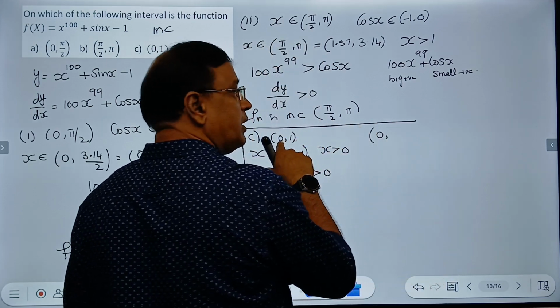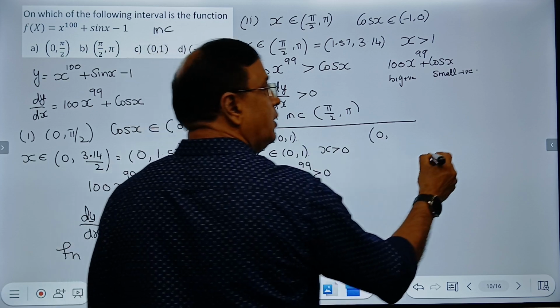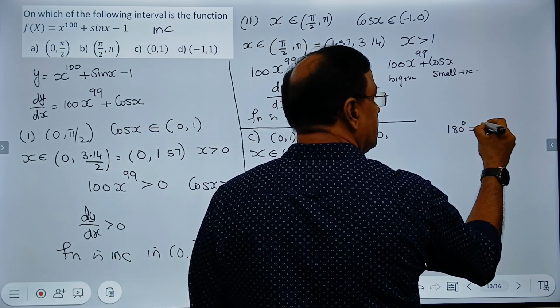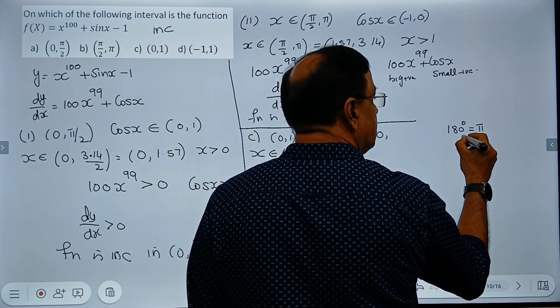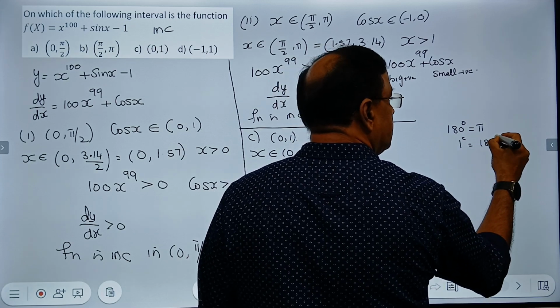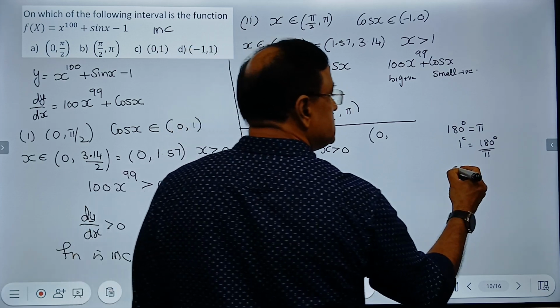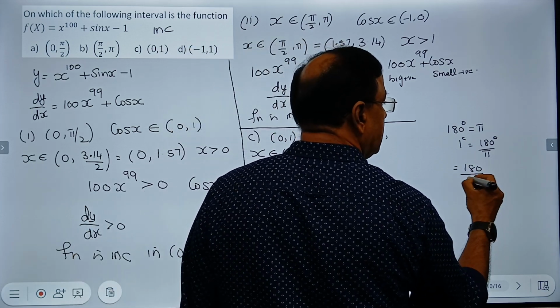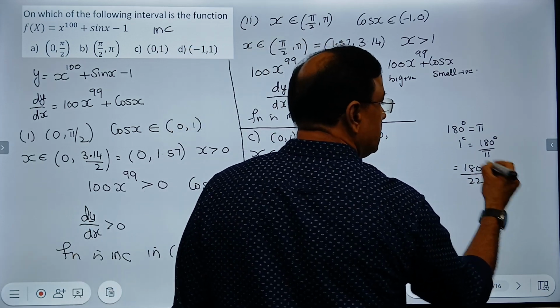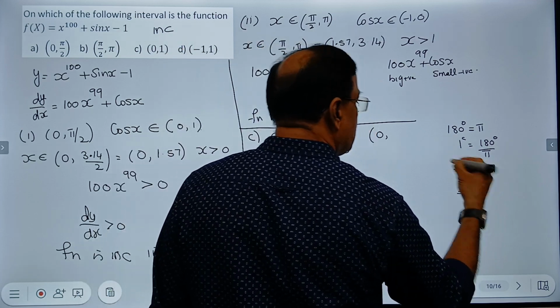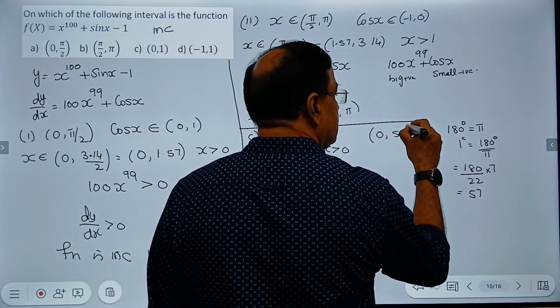It's in radians. You know 180 degrees is pi radians, so 1 radian equals 180 degrees by pi. That is 180 degrees divided by 22 by 7, which is approximately 57 degrees.